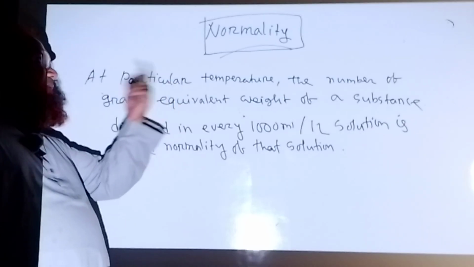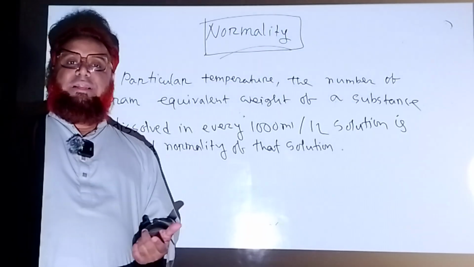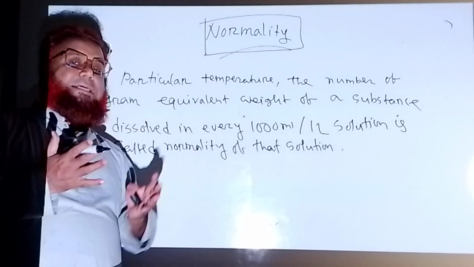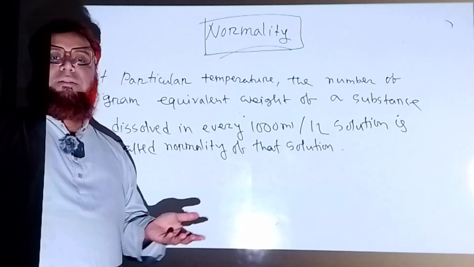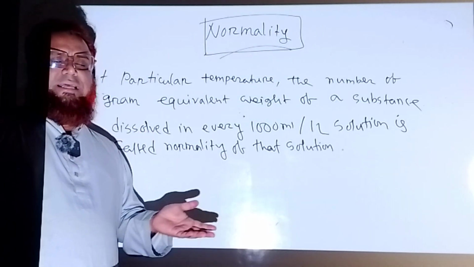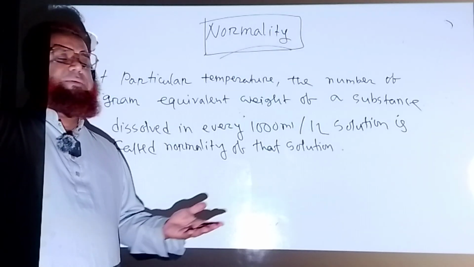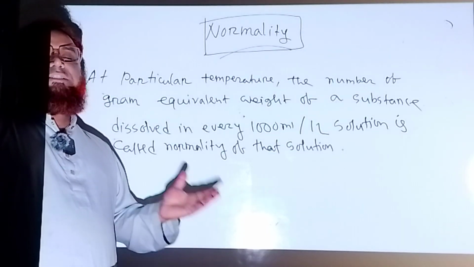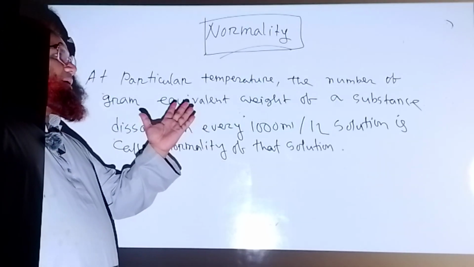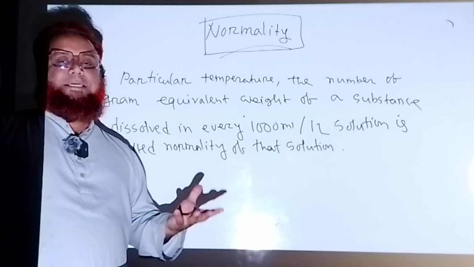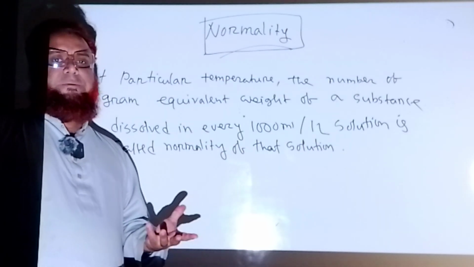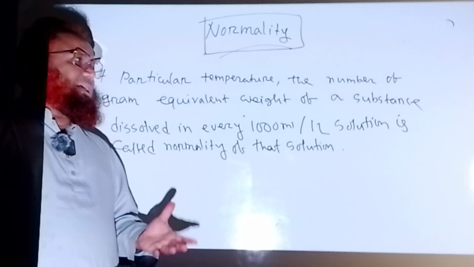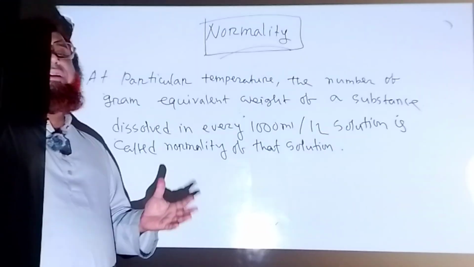That is why in normality definition and molarity definition, where volume is counted in ml or liter, whatever, then the temperature must be mentioned. But when molality, only molality, then that is counted in the mass unit for the solvent. That is why temperature is not required there.